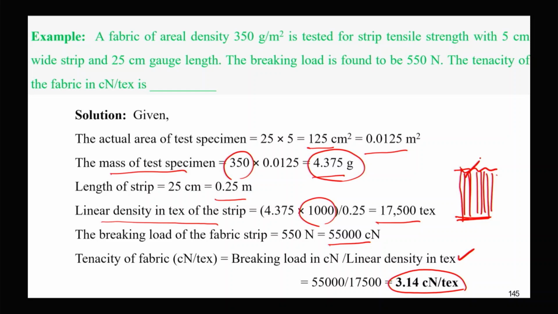Okay? And whether this total load carried by the yarn will be equal to the total load carried by the fabric, that we have to see.